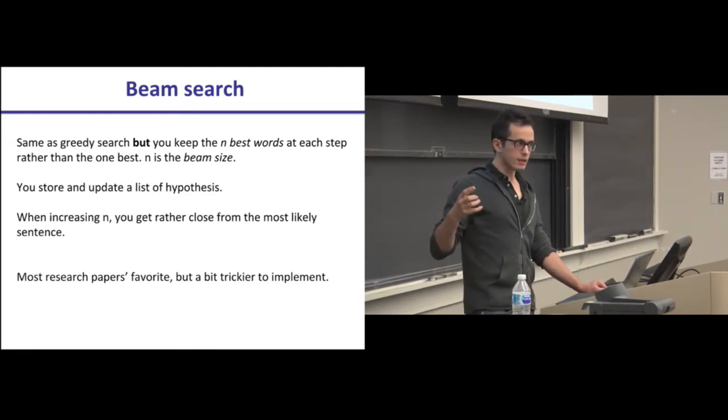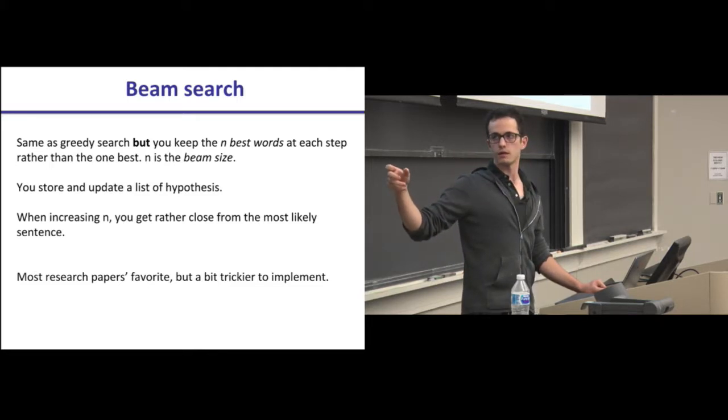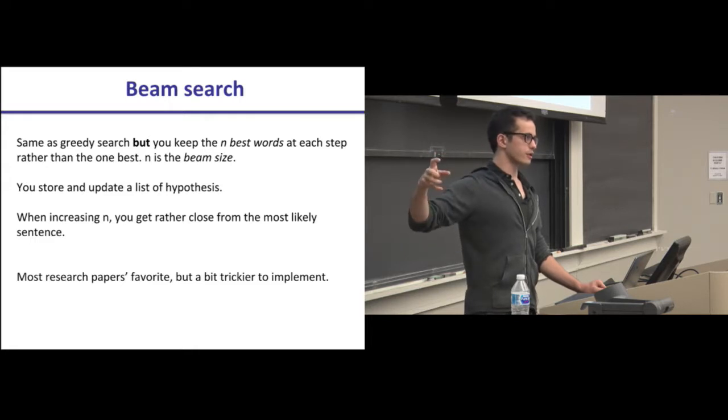And at the next step, you're going to try all of these, so you'd get the 10 best ones for W5-1, 10 best ones for W5-2, etc. So you end up with 100 sentence sequences. And from this, you prune back to keep only 10 as well. So you keep the 10 most likely out of 100.